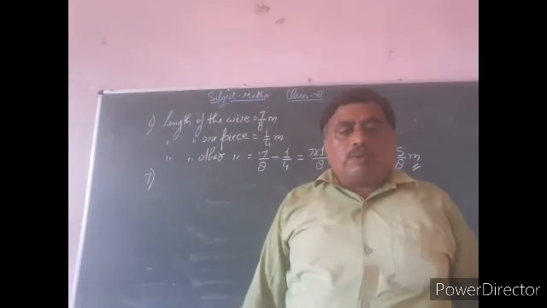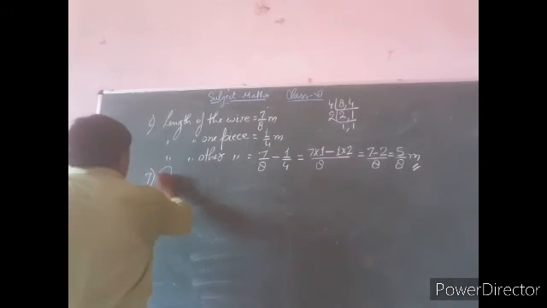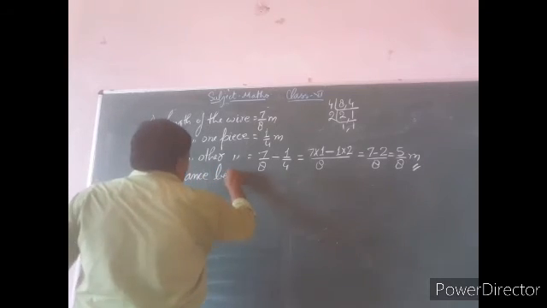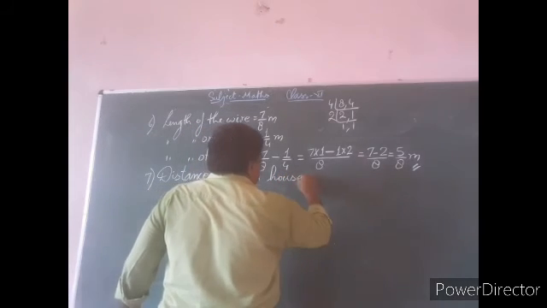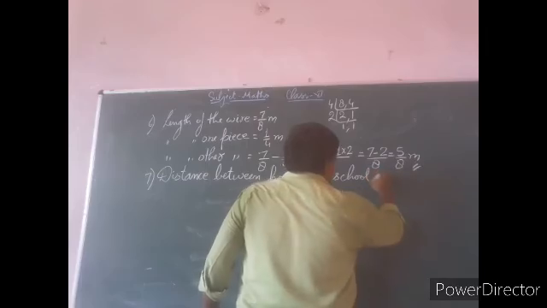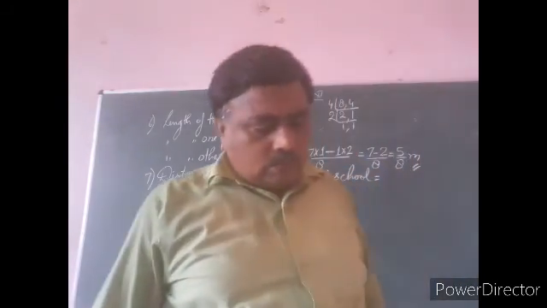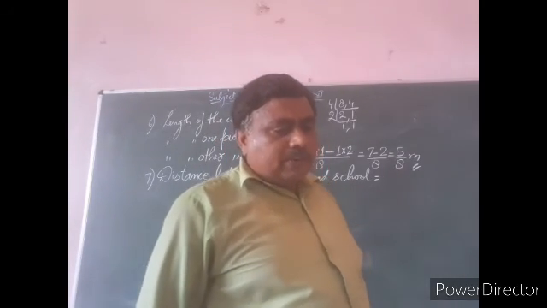So distance between house and school, it is 9/10 kilometers.